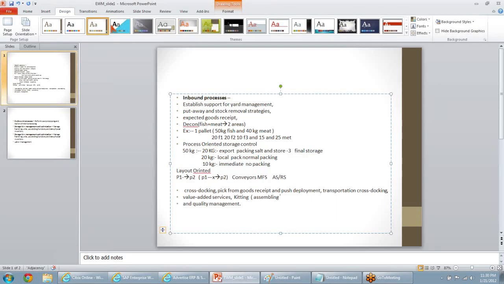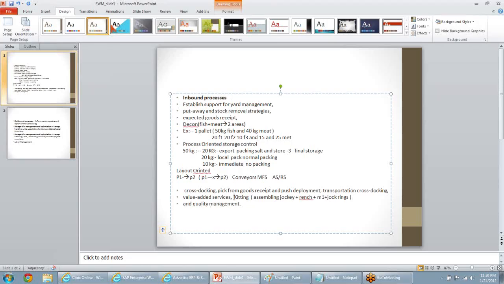Suppose one of my customers is an automobile customer. He ordered one of the engine spare parts, which contains a few different components plus some rings. Things like this are completely assembled, and then I give them to my customer.